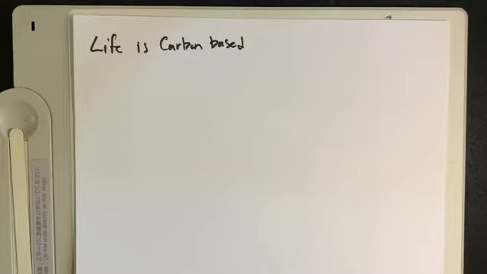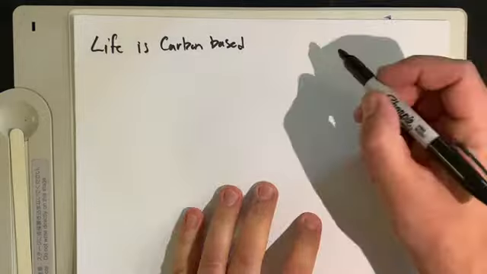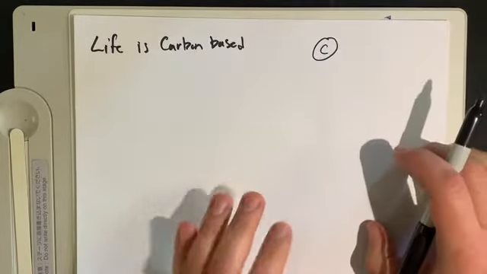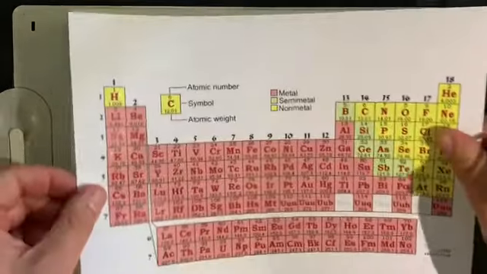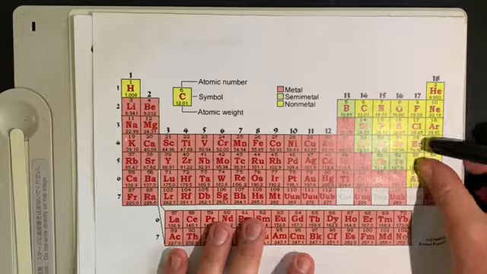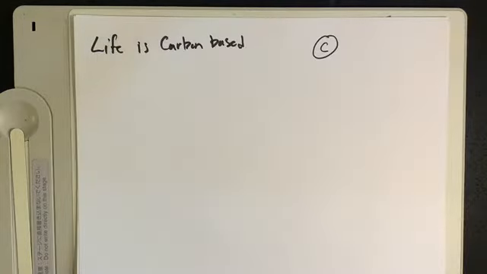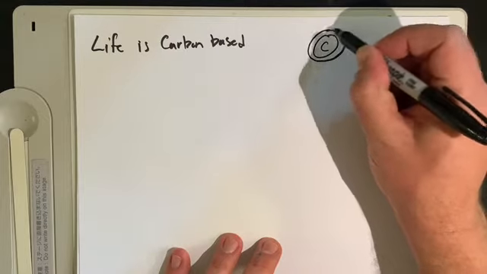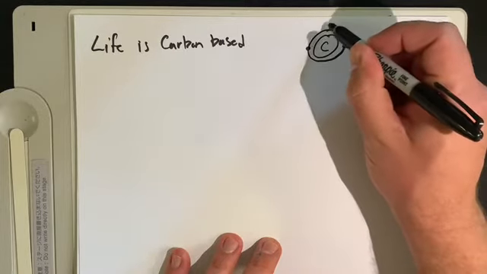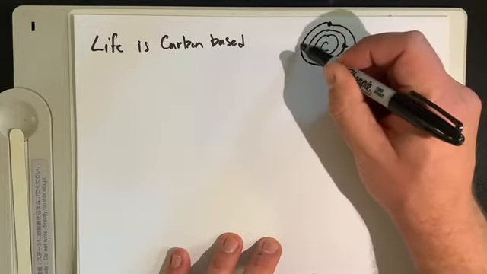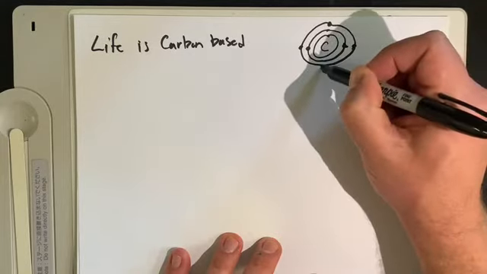And the reason for this, if you remember when we drew carbon, so let's do that really quick. So we have our carbon. If we look back on our periodic table, we see carbon has an atomic number of 6, which means we know it has 6 electrons. So in its first shell, we have 2 electrons, and then in its second shell, we have 4 electrons.